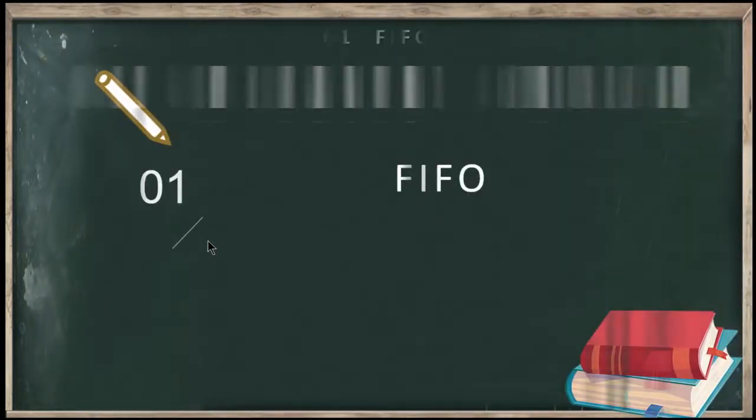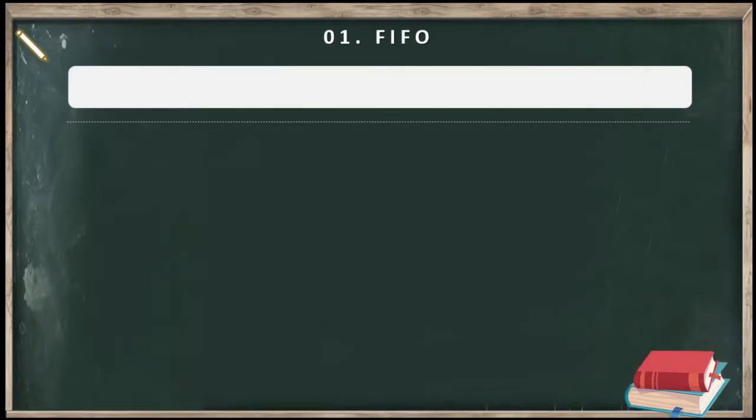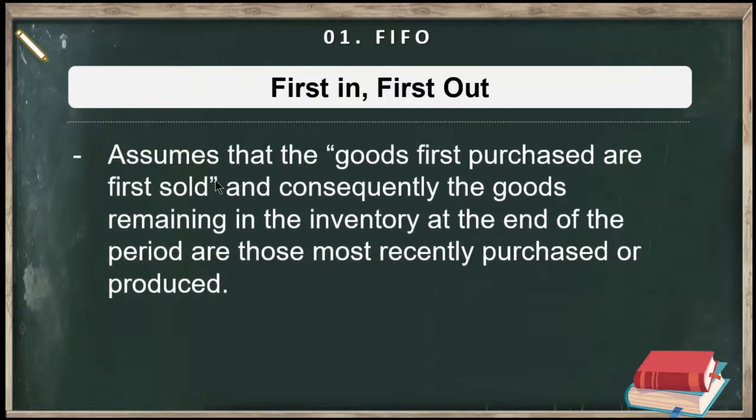So as the name suggests, first in, ang unang mosulod sa company, mao pod first nato nga i-dispose, first nga i-out nato. So the FIFO, or the first in, first out, assumes that the goods first purchased are first sold, and consequently the goods remaining in the inventory at the end of the period are those most recently purchased or produced.